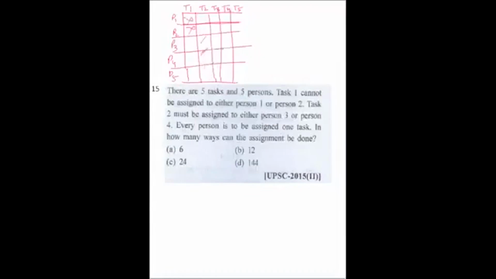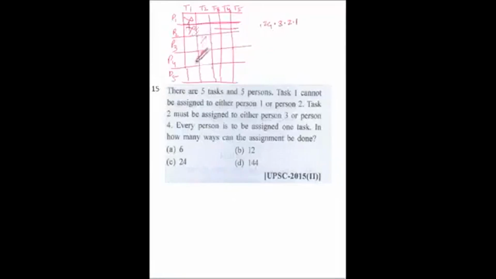In how many ways? So it means for third, fourth and fifth nothing has been said. So for third task 3 choices are there, for fourth task 2 choices, for fifth task 1 choice. For T2 2 choices are there, so 2C1, and for T1 these 2 are not there.